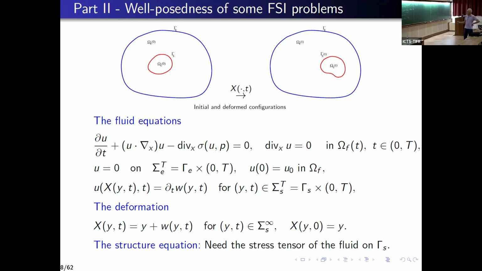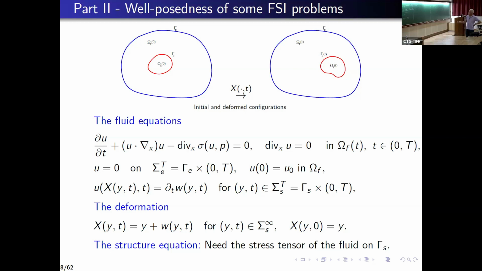So in this domain, depending on time, and for every time t, we have to solve the Navier-Stokes equation here. So this is the linear part, this is the convective part. I put an x here to say that the derivative is with respect to x. So it means that x is the variable in omega f t.